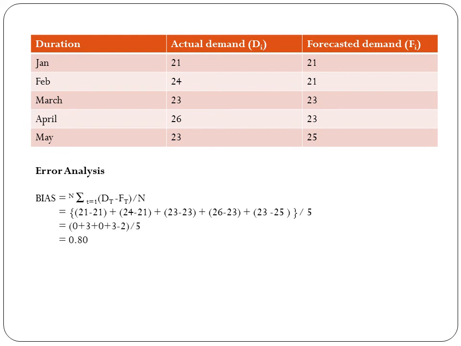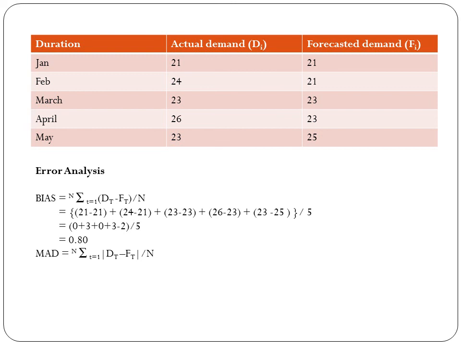It would come as 0 plus 3 plus 0 plus 3 minus 2. Divided by 5, it will be 0.80. Through bias, 0.80 is the value.